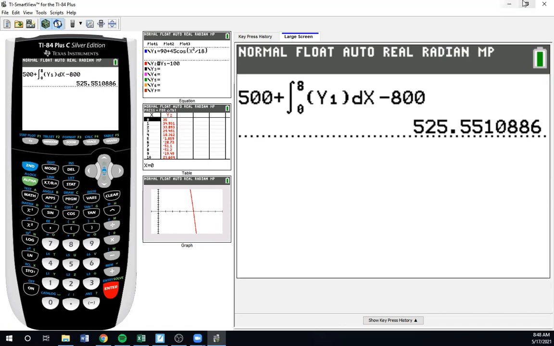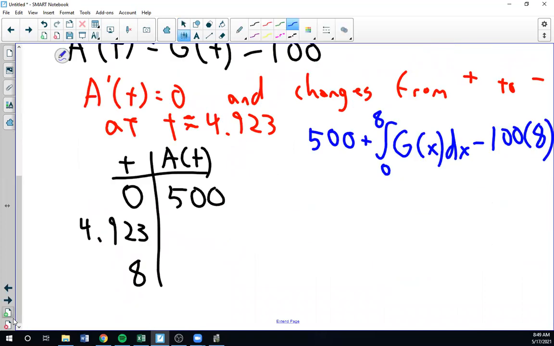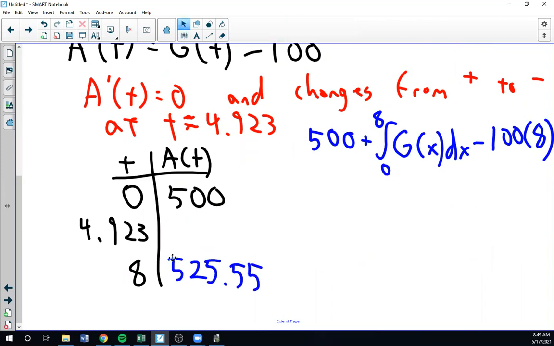That gives 525.55. And go ahead and take a minute and do the same thing with the 4.923 and make sure you can get out the correct value.